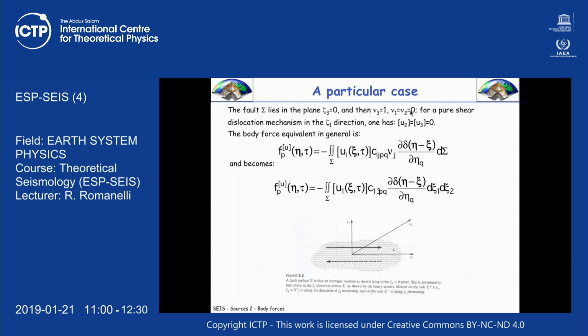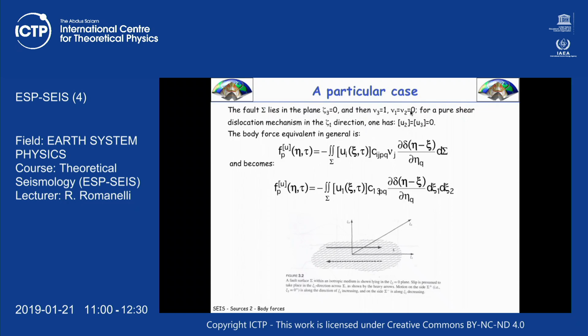And the fault is given. So n is given. And if you want, let's assume that the strike is 0 and the dip is 0. Then let's assume that the slip is in the x direction. From your point of view, maybe it's easier in this way. Simple.